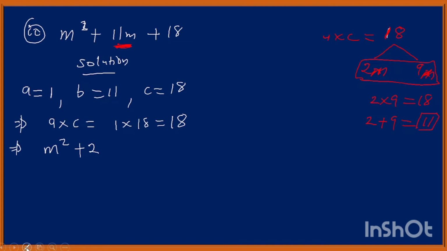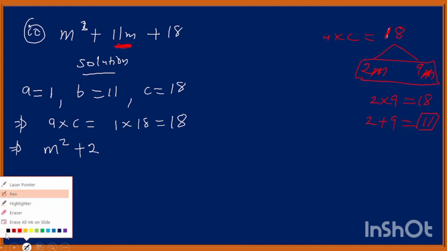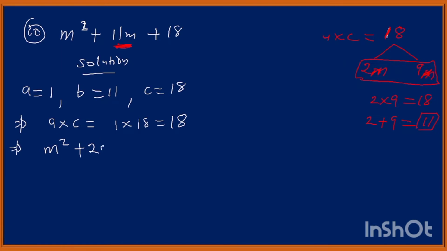I apologize. So in place of 11m, we put 2m plus 9m, plus 18. Then we group the first two terms, and then we group the last two terms.